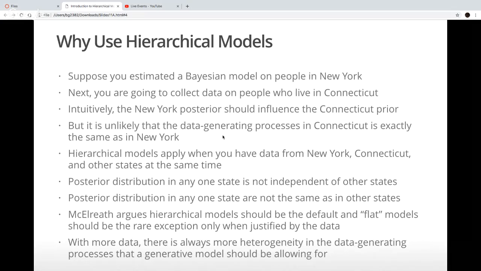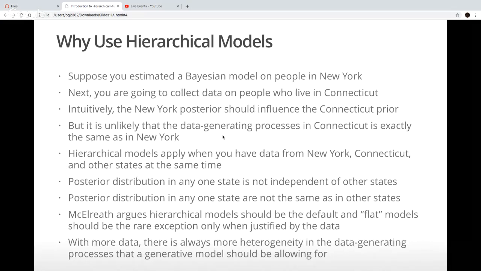might make. So it's totally reasonable to think that the data generating processes between two similar states would be similar. But it's probably on the unreasonable side to think that the data generating processes are exactly the same. So you wouldn't just take your posterior distribution literally from New York and apply it as your prior distribution for Connecticut.